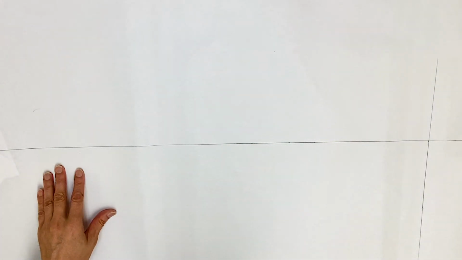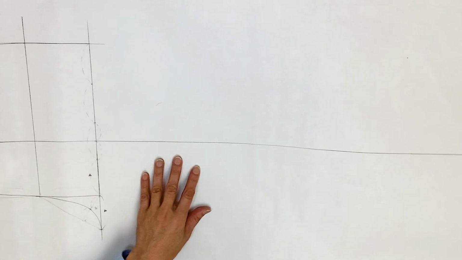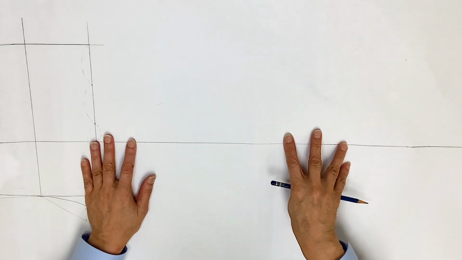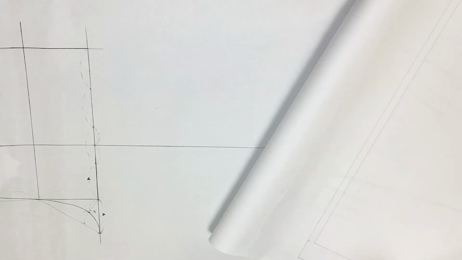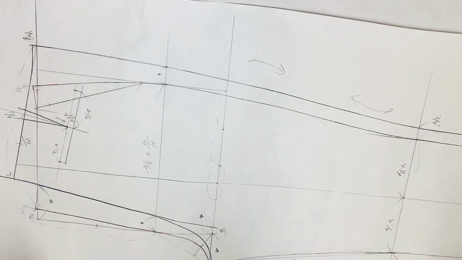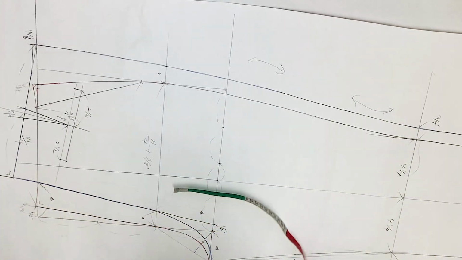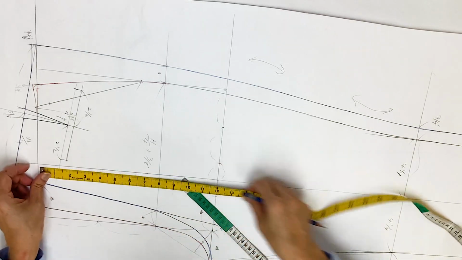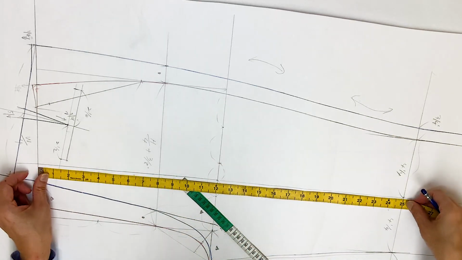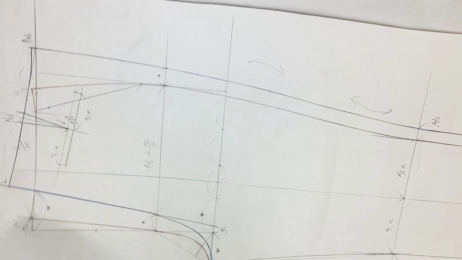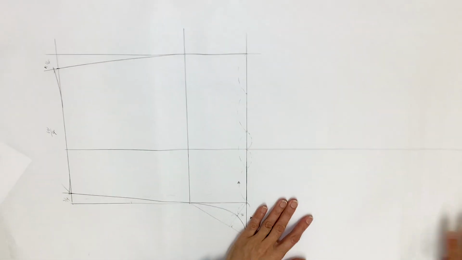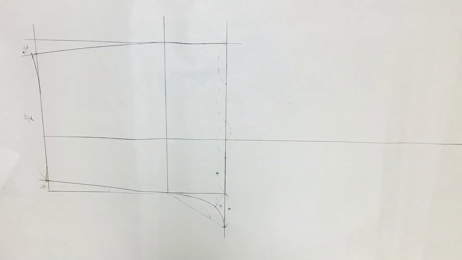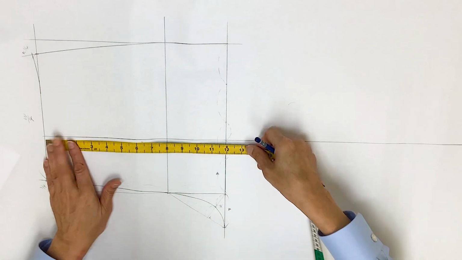Right, and then also knee level. So for knee level, you can measure from your dress form. So my knee level, let me measure the original one, from the waist to knee was 25. All right, so 25. So I'll mark from the waist 25.